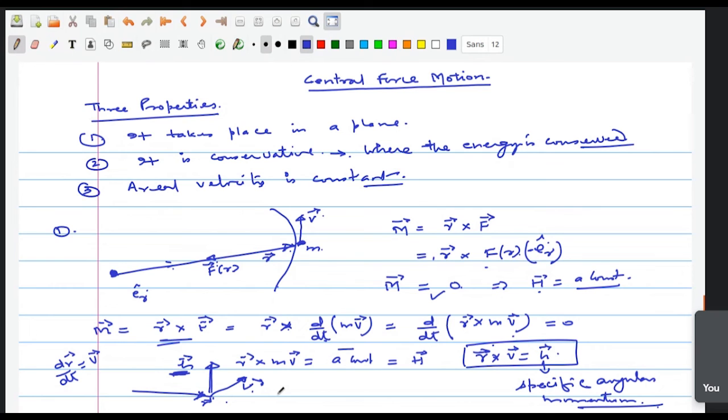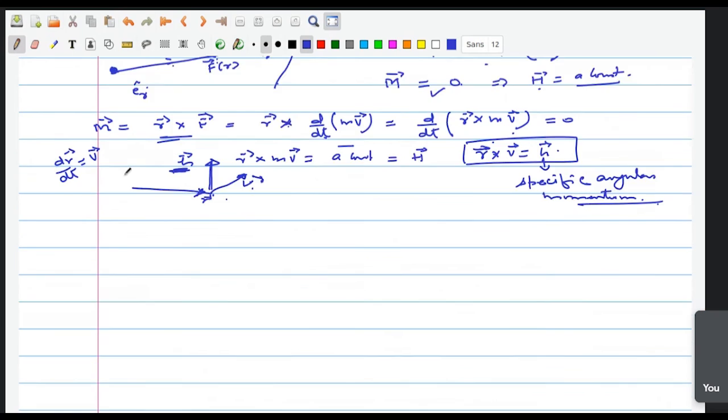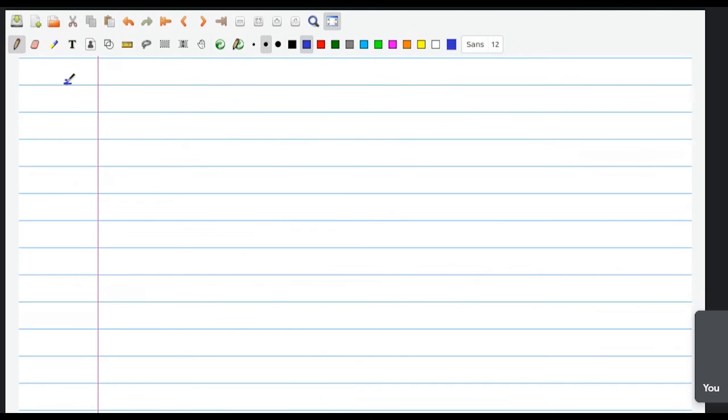The second one is the property. The second property we have written: central force motion is conservative.